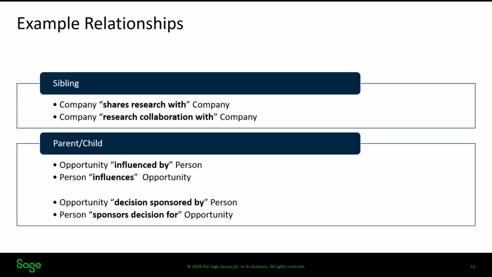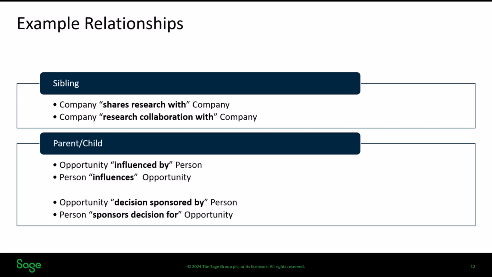And when it comes to the parent-child relationships, these are defined when you start with one entity, you're always going to be describing it in terms of has, or having, or by. So here you've got an opportunity is influenced by a person, and a person influences an opportunity.